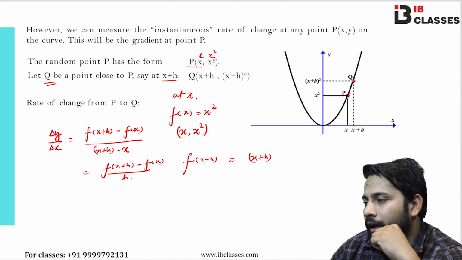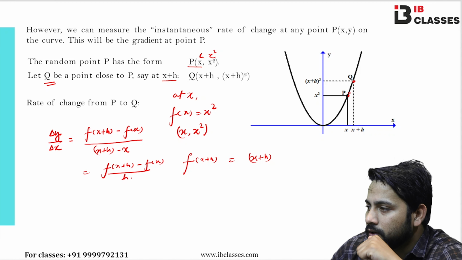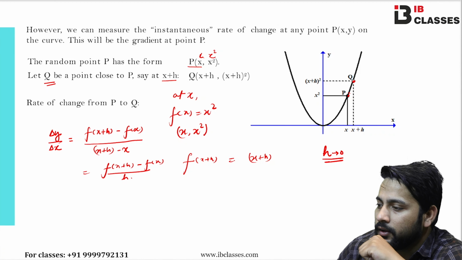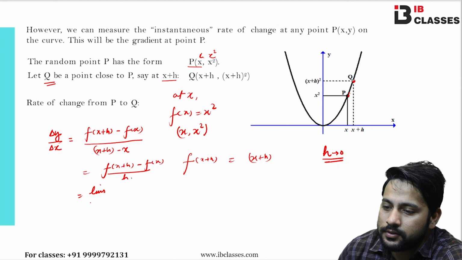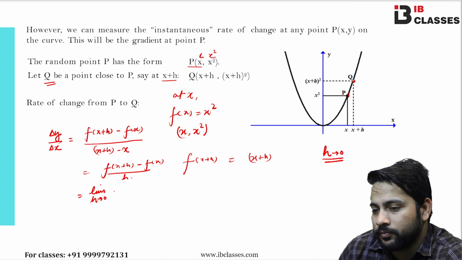Now, as we know that a tangent passes through only a single point on the curve, this h must be very close to 0. So we will take the limit as h tends towards 0. It will give you the instantaneous change at any point on the curve.